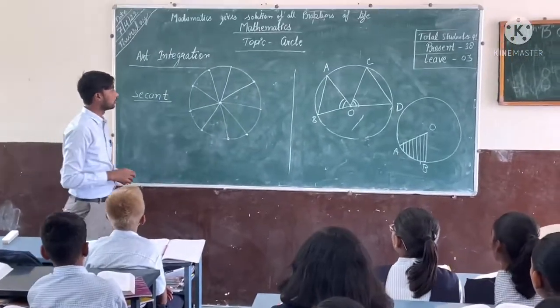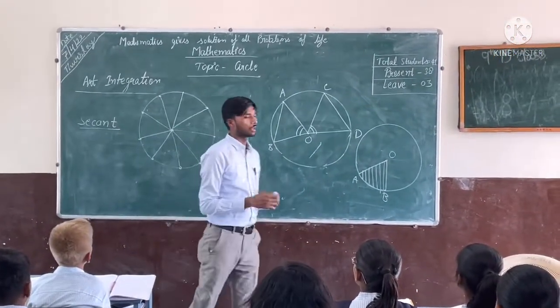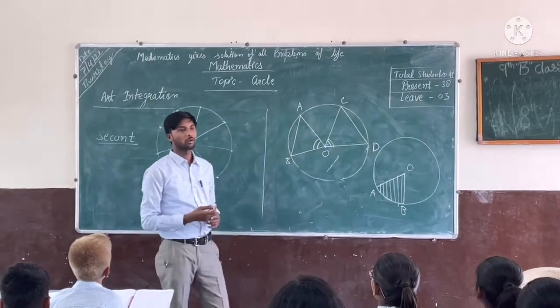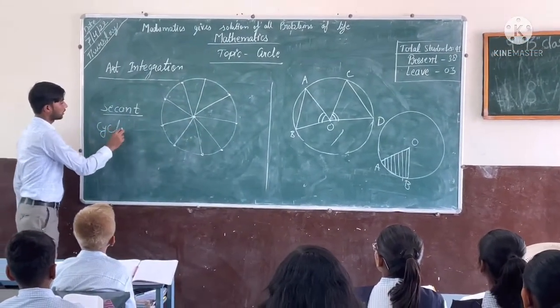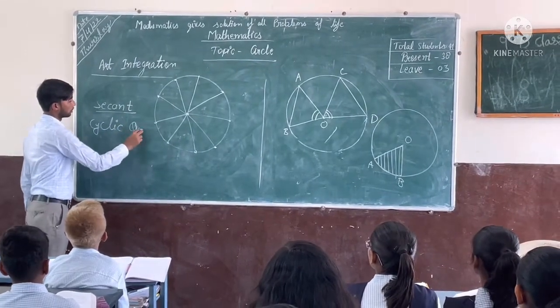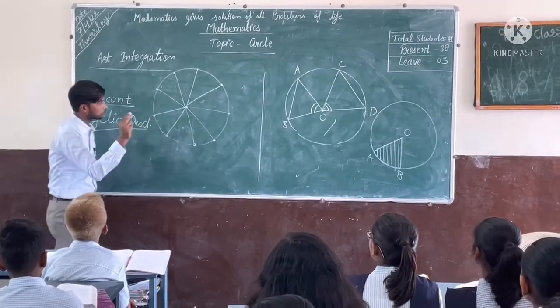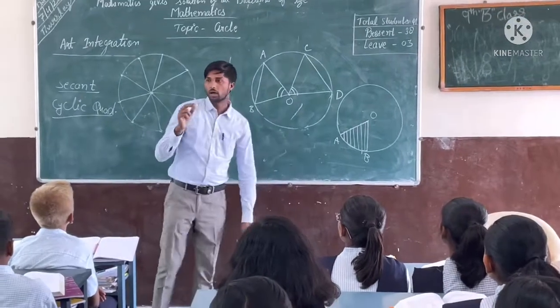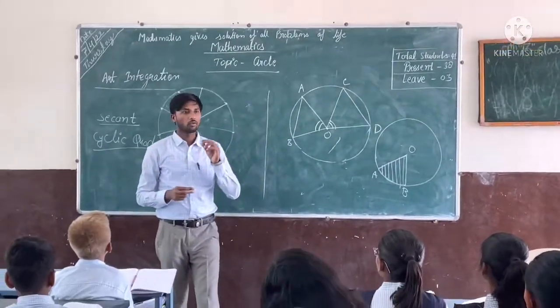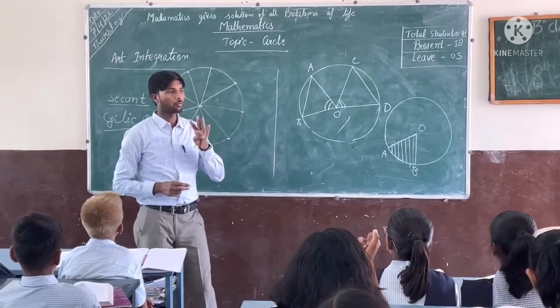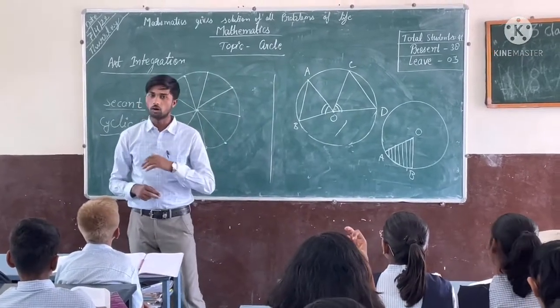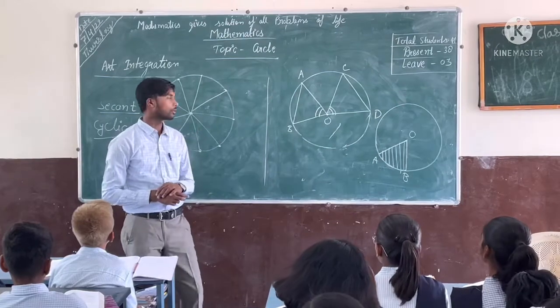Now your task will be to study the next concept of circle, that is cyclic quadrilateral. I just explained a little bit about it. A quadrilateral formed by joining any 4 points on the circumference of a circle is called cyclic quadrilateral.